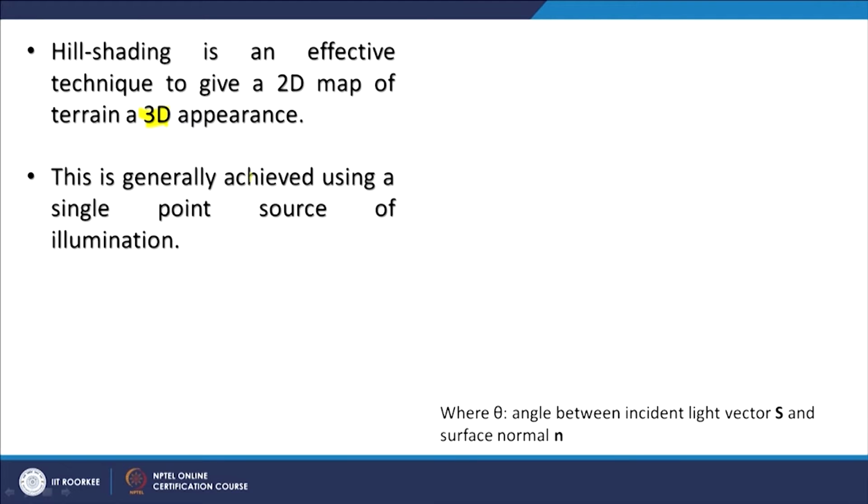So generally the shaded relief model is achieved by a single point source of illumination. This point, single, is very important, because we always assume that there is only one sun. Even in our modeling or simulations, when we do hill shading, we assume there is only one source of light.